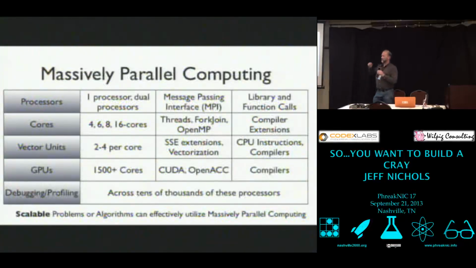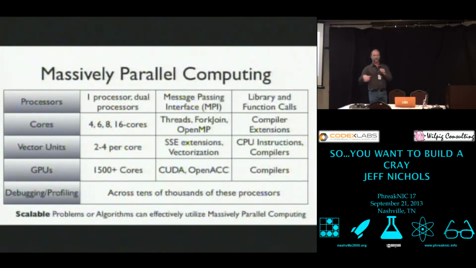And it's really not a library, it's a compiler extension. You put in comments saying, this next for loop, do this. You can split this 25 ways if you want. Then there are also vector units.